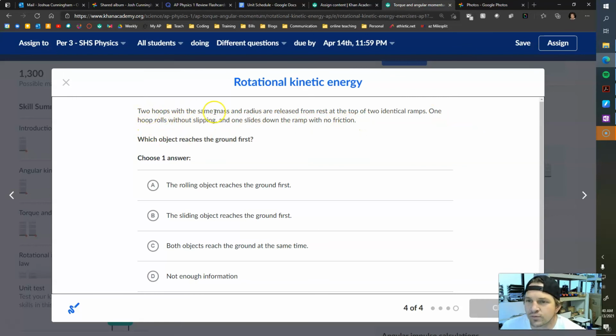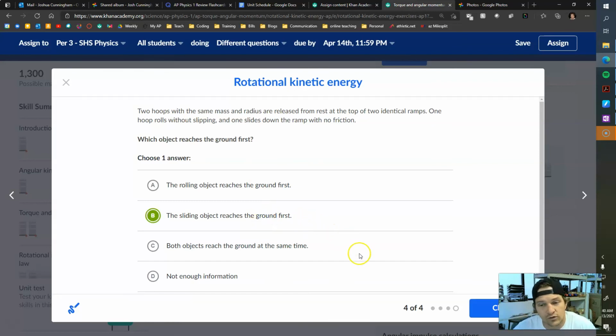So if it slides, that means it's not rolling. The question is, which reaches the ground first? I know the one that is not rolling is going to have more energy put into its linear speed. In other words, it's going to be going faster, so it's going to reach the ground first. So the object that is sliding will always reach the ground first.